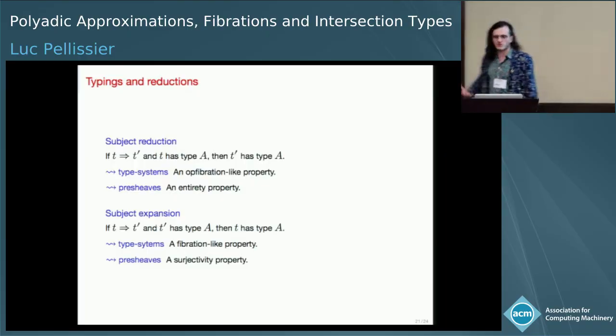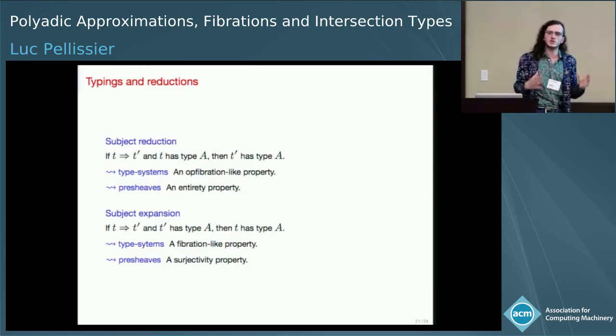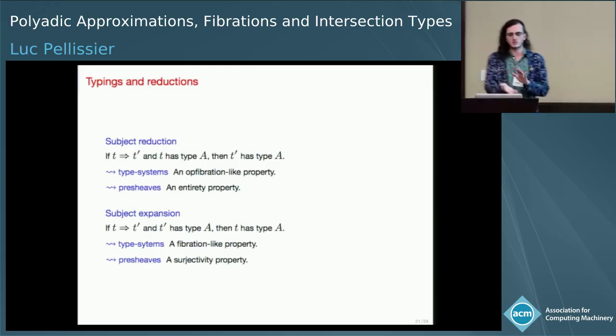Different notions that we love, such as subject reduction and subject expansion, can be recast in the language either of type systems or of presheaves. And it's really important to have both, because this is how we prove that certain intersection type systems characterize normalization properties.